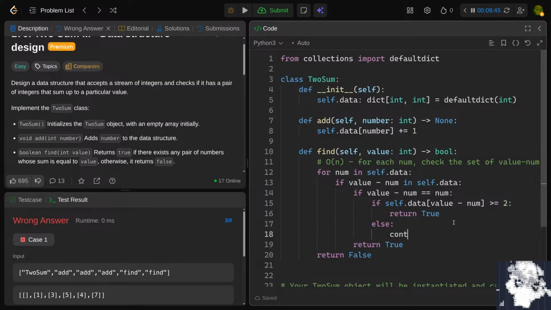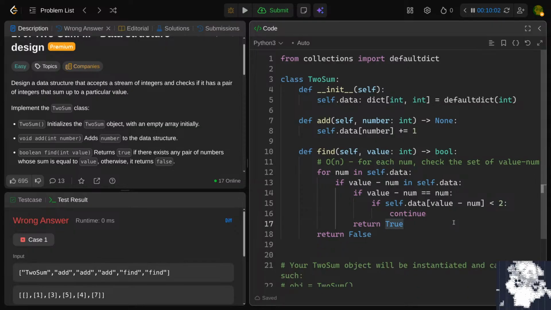Otherwise, you should just continue. The other way I can say this is, if it's less than 2, continue. And now I can combine these ifs.